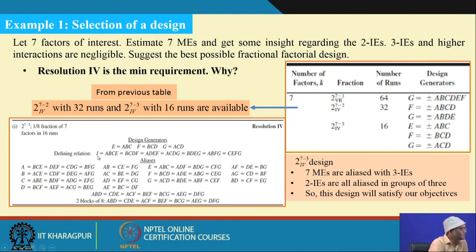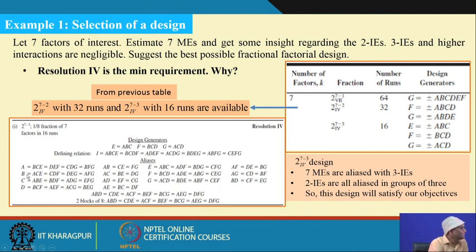Now, using these defining relations, you will be able to find out the alias structures. You see that the 7 main effects are aliased with the third order interactions, and the second order interactions are aliased in groups of 3.